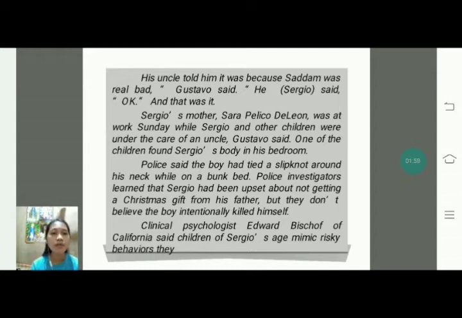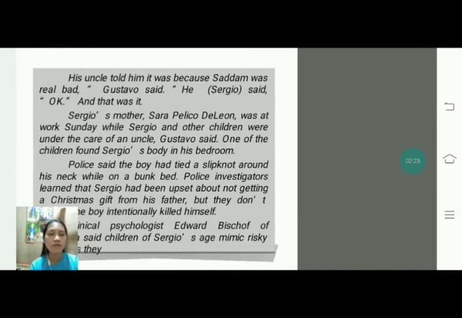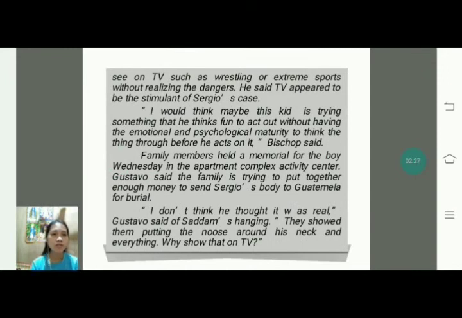Police said the boy had tied a slipknot around his neck while in a bunk bed. Police investigators learned that Sergio had been upset about not getting a Christmas gift from his father, but they don't believe the boy intentionally killed himself. Clinical psychologist Edward Bishop of California said children of Sergio's age mimic risky behaviors they see on TV, such as wrestling or extreme sports, without realizing the dangers.